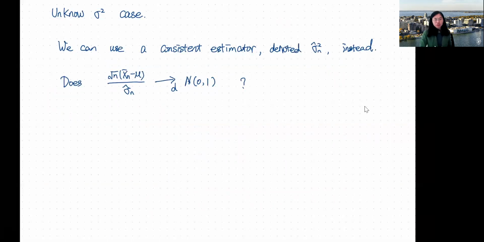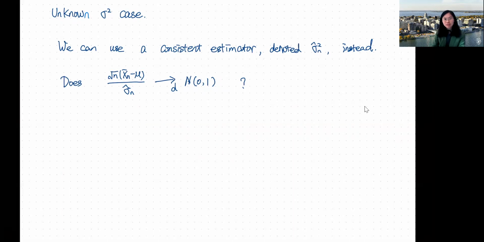So we have talked about the case where sigma squared is known, but in general, sigma squared is unknown. So sigma squared is typically unknown. Sigma squared may be unknown, but we have already introduced a consistent estimator for sigma squared.